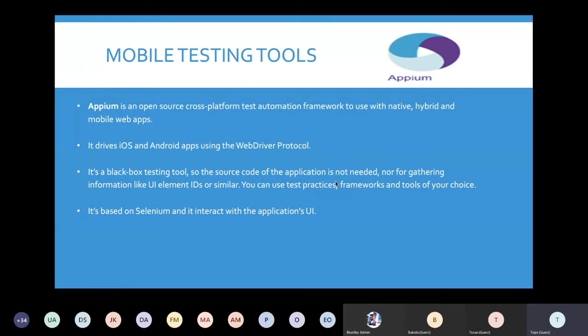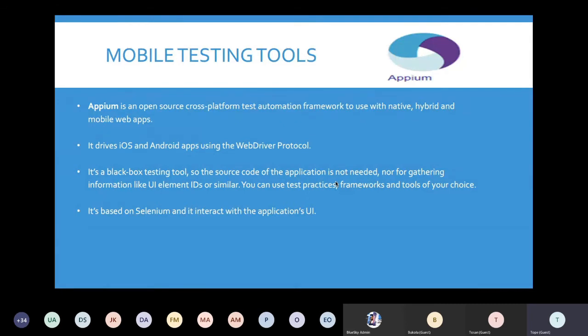Your code will be the first layer, and Appium will sit in between as a middle layer, or middleware, serving as a connection between your code and your real devices or emulated devices. That's the way Appium works.